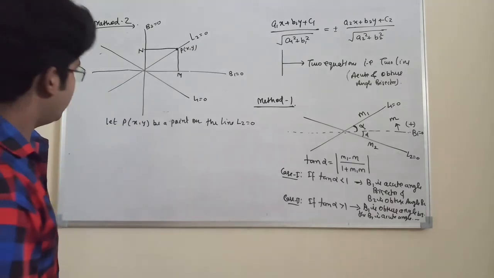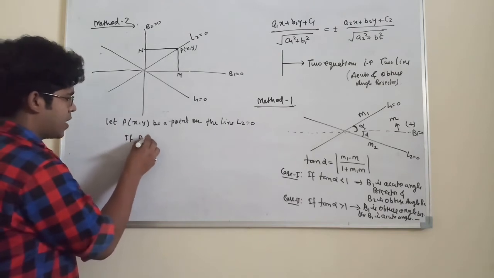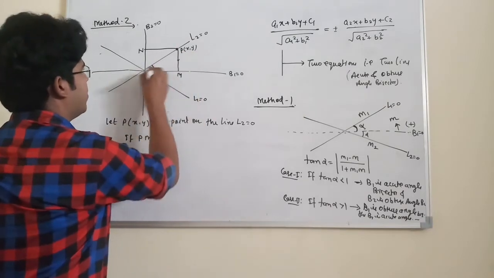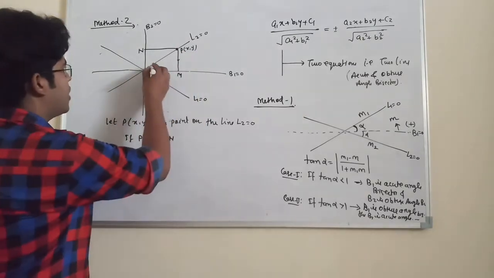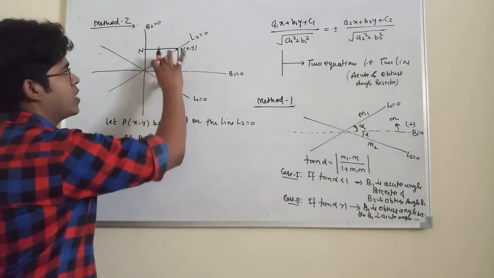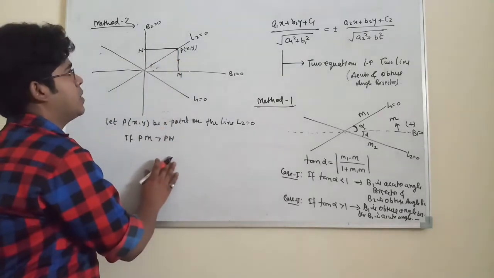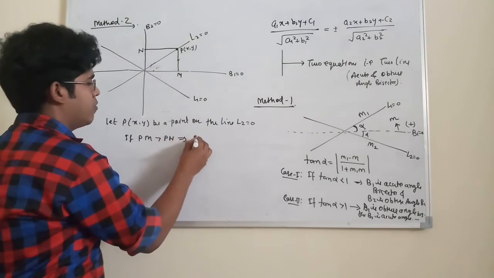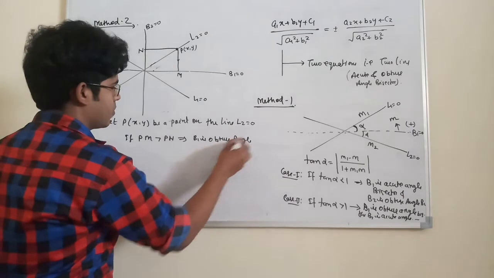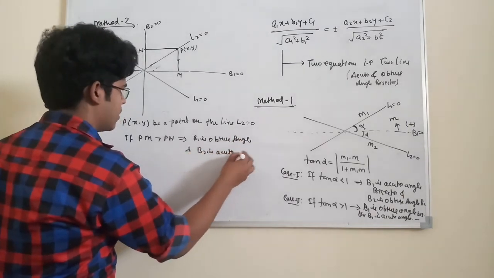So if PM is greater than PN, this distance is greater, which means this angle will be larger, which means B1 is the obtuse angle bisector and B2 is the acute angle bisector.